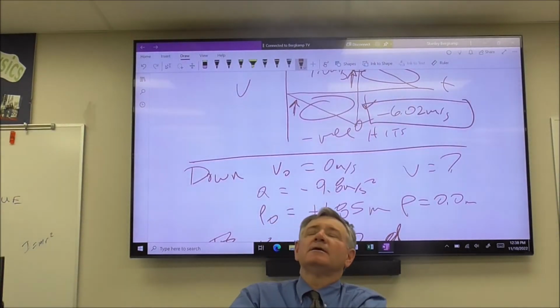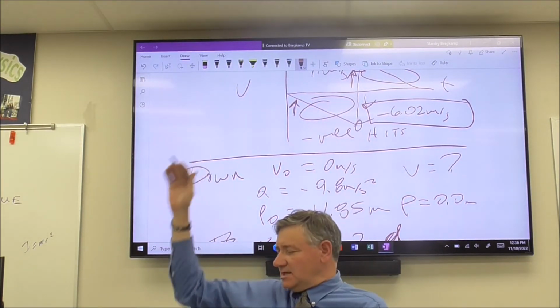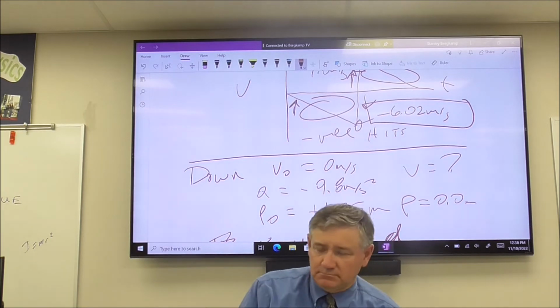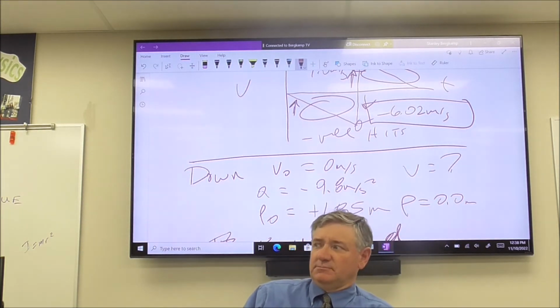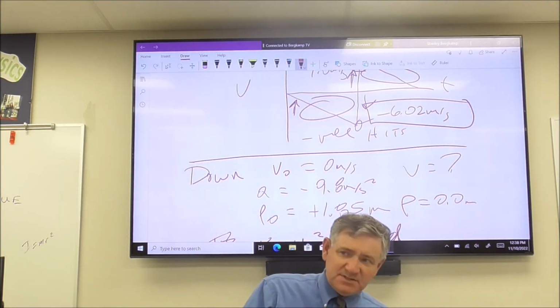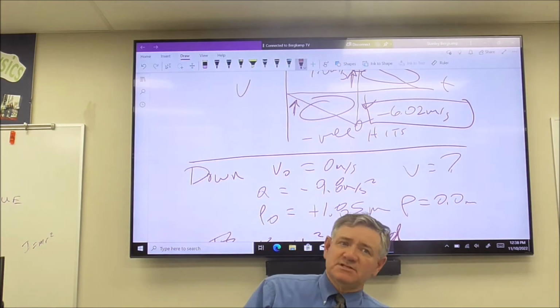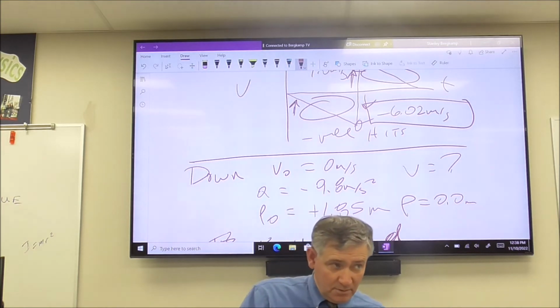Now, let's think this through. When I find the velocity when it leaves, now I have a benchmark, negative 6.02. So the velocity when it leaves, is that going to be bigger or smaller than 6.02? Smaller, because it only goes to a height of 1 meter.